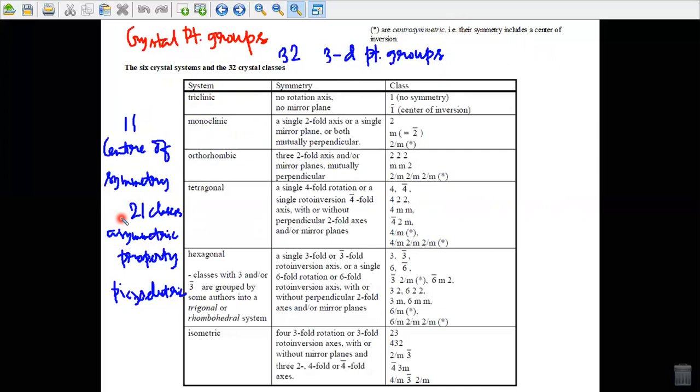Ferroelectrics are part of a small subgroup of these non-centrosymmetric crystals. Dielectrics belonging to all but one of the groups of non-centrosymmetric crystals are piezoelectric. These are the 6 systems: triclinic, monoclinic, orthorhombic, tetragonal, hexagonal, and isometric.